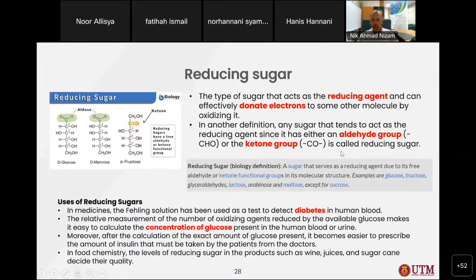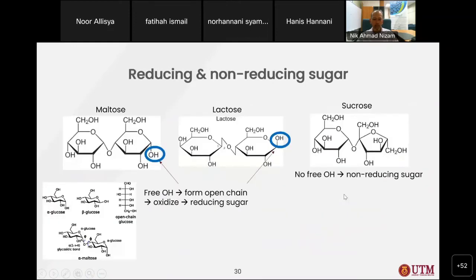So these are the reducing sugars: glucose, fructose, glyceraldehyde, lactose, arabinose, and maltose, except for sucrose.